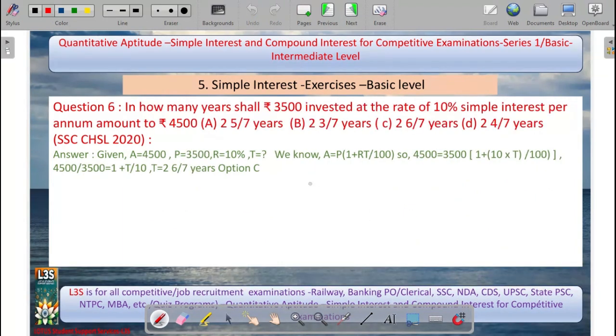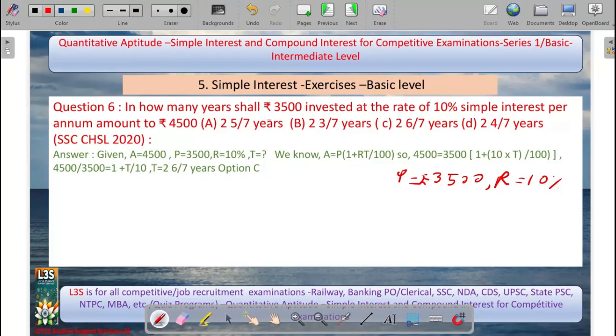Next question. In how many years shall rupees 3,500 invested at the rate of 10% simple interest per annum amount to rupees 4,500? So in this problem, the given data is P is the initial, they invested 3,500. So P will be rupees 3,500. Now the rate of interest they have given is 10%.